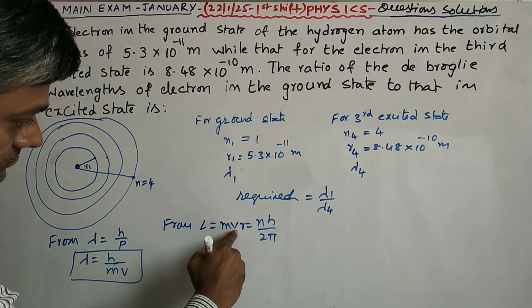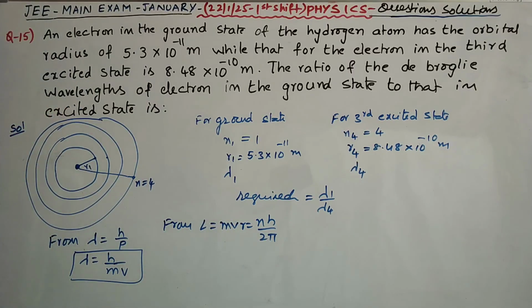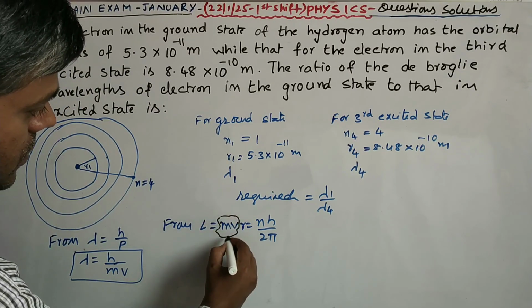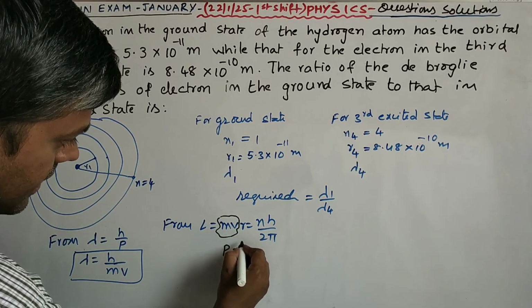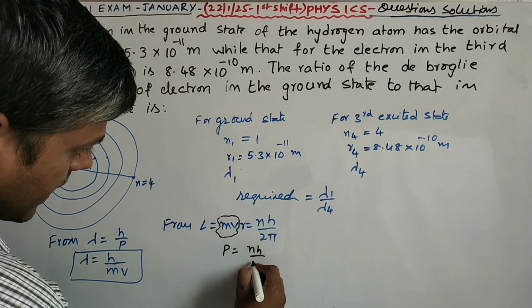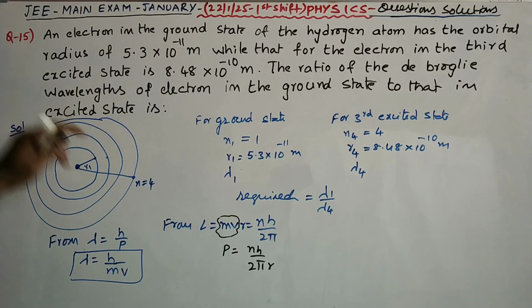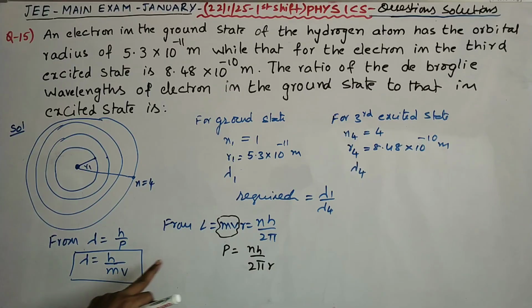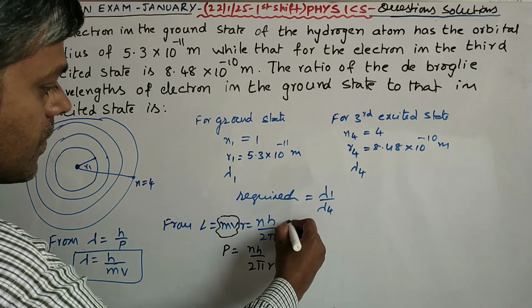This mv is nothing but momentum, so p is equal to nh by 2 pi r. Substitute mv by nh by 2 pi r in place of mv in lambda equal to h by mv.